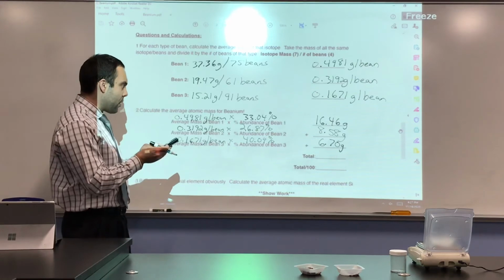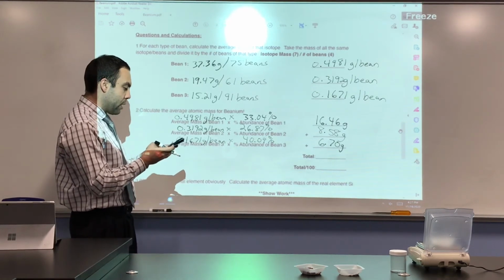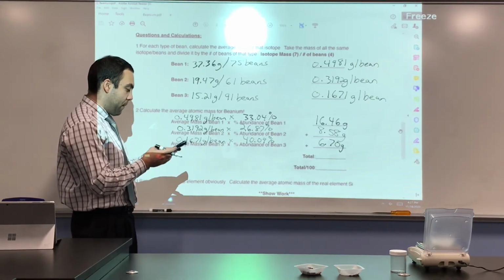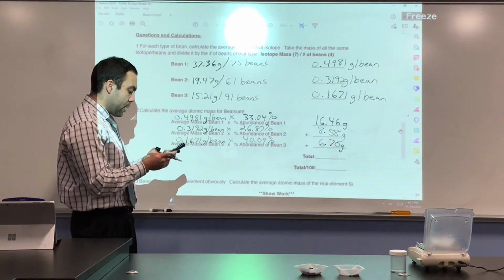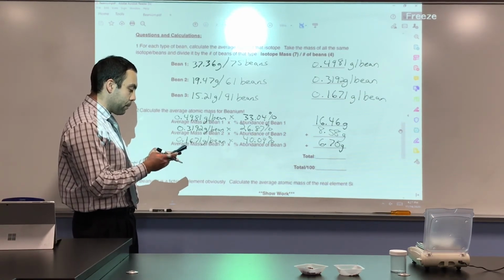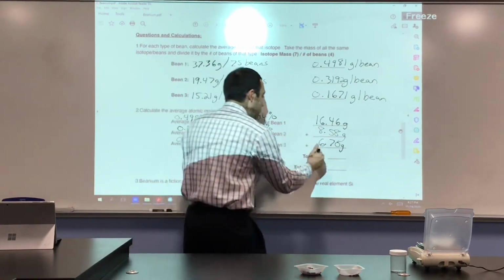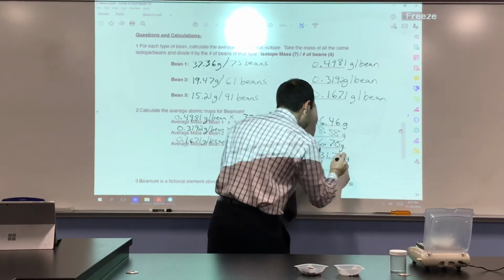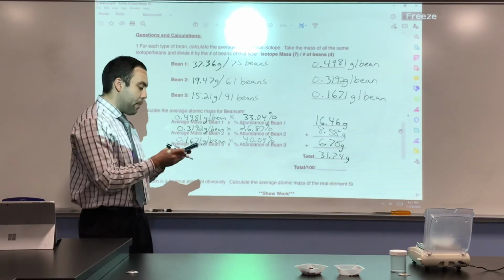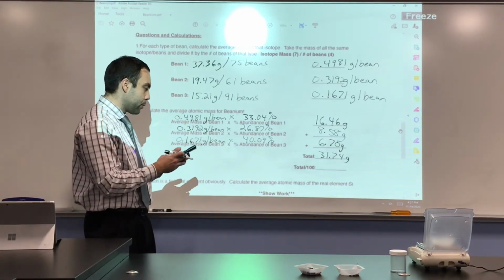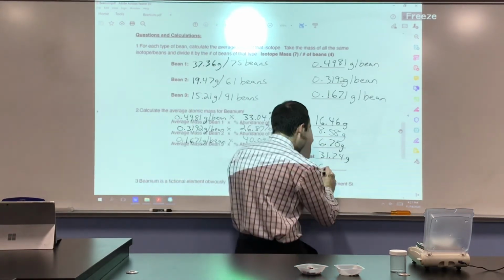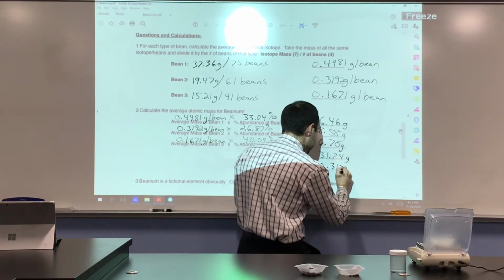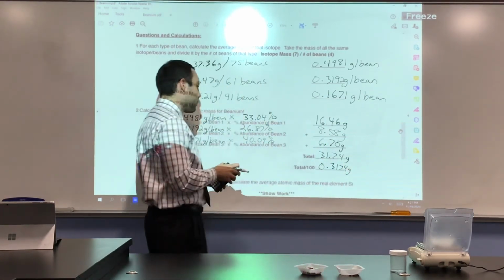Add them together, 16.46 plus 8.58 plus 6.70. That gives us a grand total of 31.74 grams. And if we divide that by 100, we get 0.317 grams.